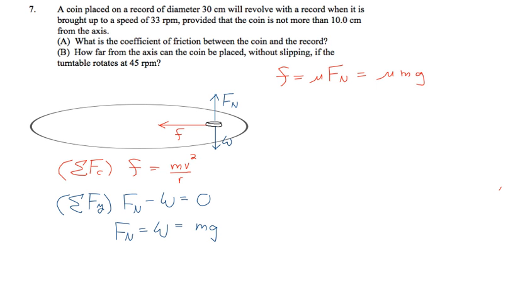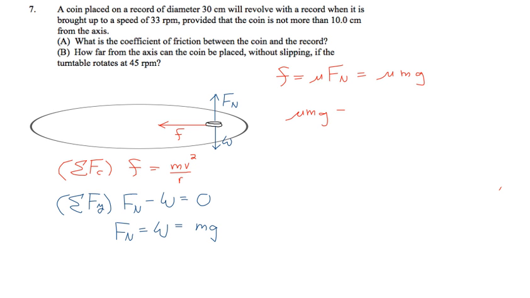So I have friction equals mu mg, and I have friction equals mv squared over r. If friction equals this, and friction equals that, then mu mg equals mv squared over r, because they represent the same thing.